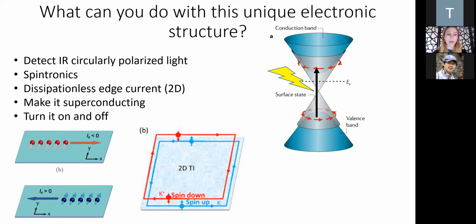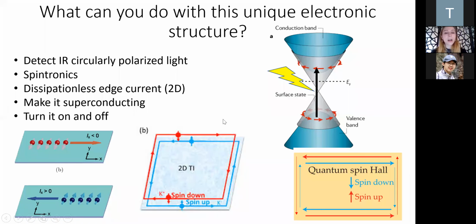Another application, which I'll talk about on the next slide, is making it superconducting. And this is the basis, or one way to produce potential materials, for topological quantum computing. And another thing that can be done is turning it on and off.